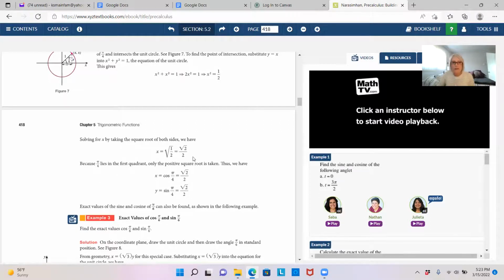So cosine is the square root of 2 over 2, and sine is also the square root of 2 over 2.